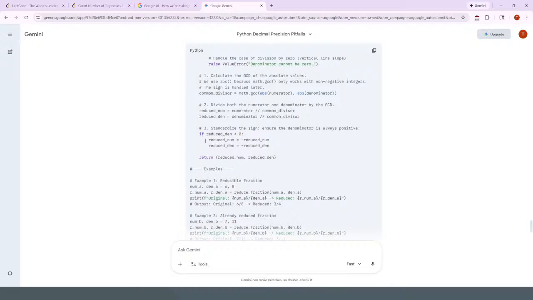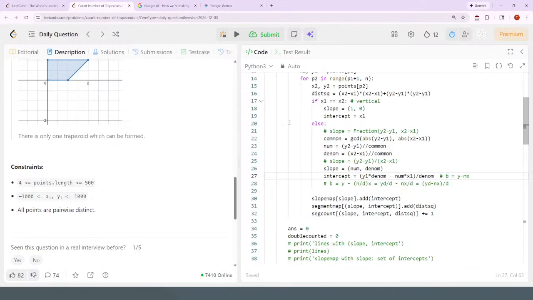Standardize the sign. Ensure the denominator is always positive. Oh wait, I guess I missed this part. Divide both numerator and denominator by the GCD. Standardize the sign. Ensure the denominator is always positive. I see.